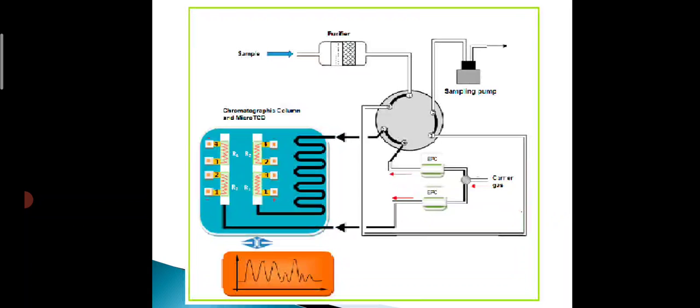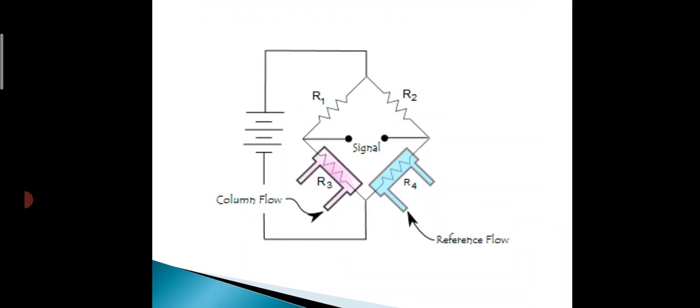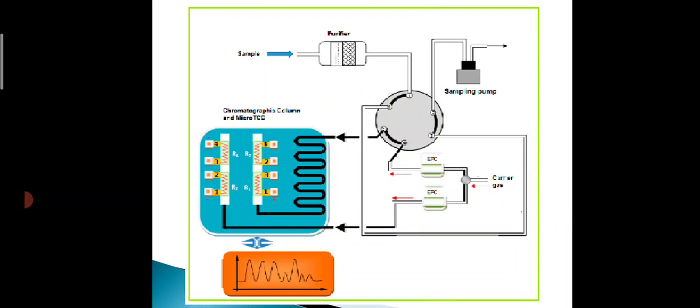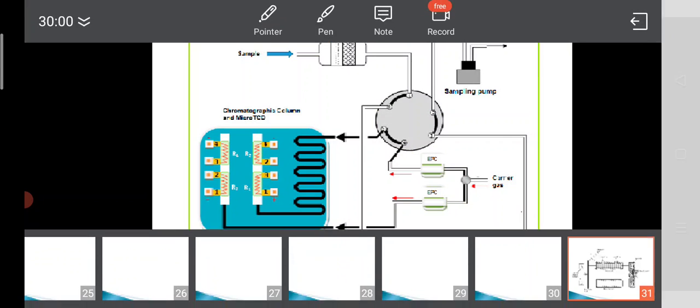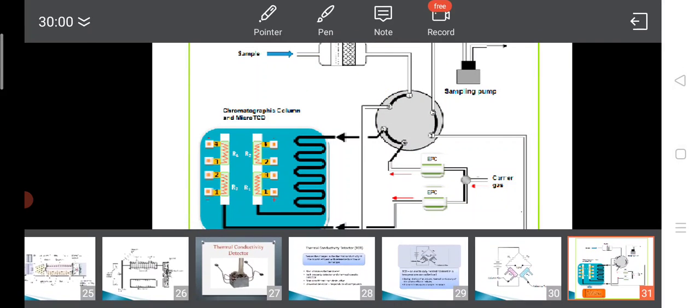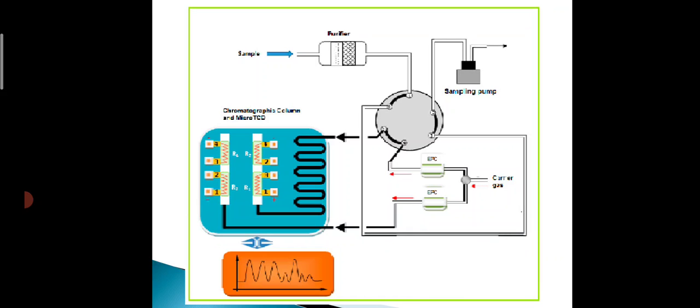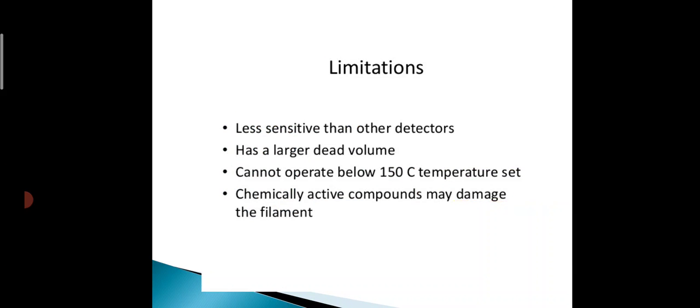Next we see an arrangement showing how the resistor value is fed into this instrument. Here we see the resistances, this is a sampling pump, and this is the sample and reference resistance.